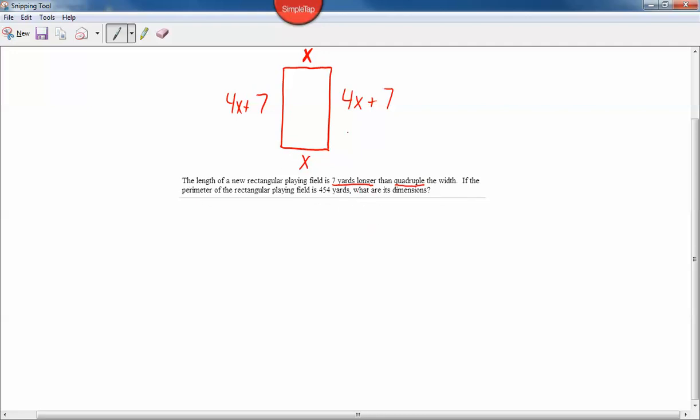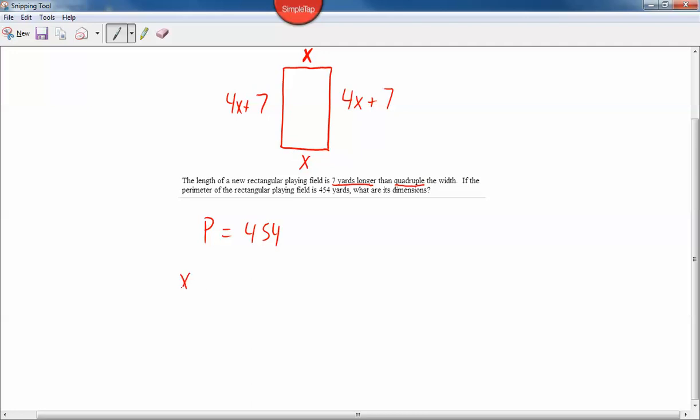Perimeter means all the way around, right? So we know the perimeter is going to equal 454 yards. So if I can add all these sides up and set it equal to 454 yards, then I can solve for x. So let's add all the sides up.